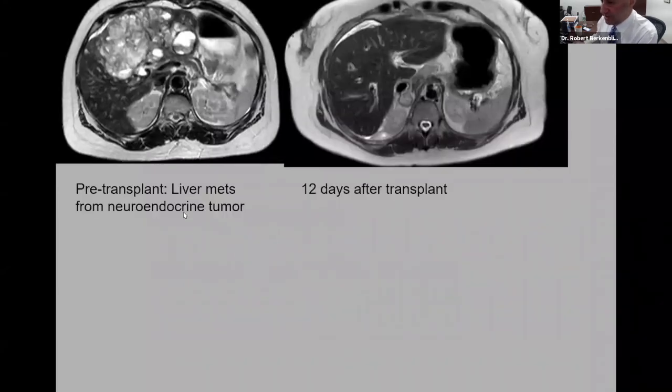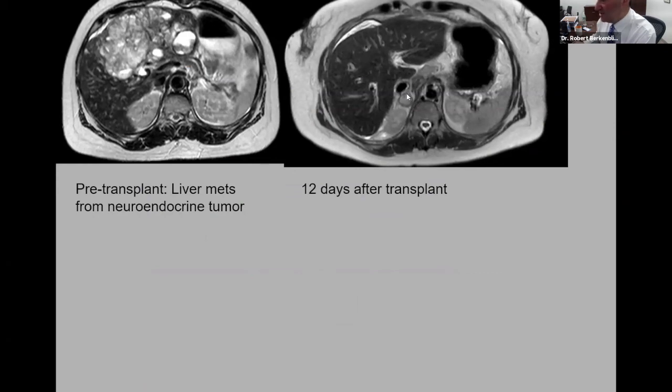What about this person? This patient had liver metastases from neuroendocrine tumor. You can see here on their preoperative MRI, this large lesion in the liver consistent of metastatic disease and a normal right adrenal gland. This MRI was obtained 12 days after the liver transplant as follow-up for the liver.